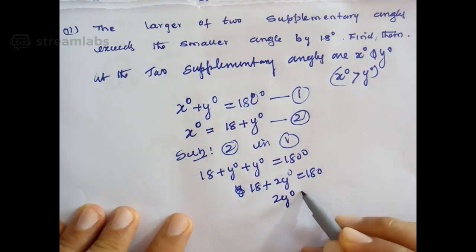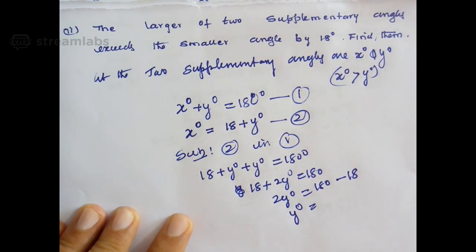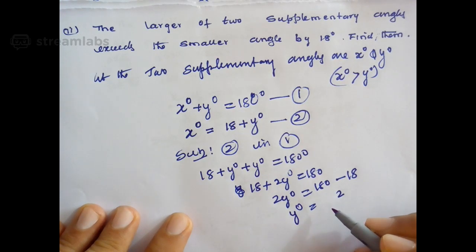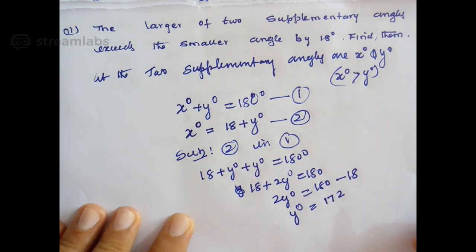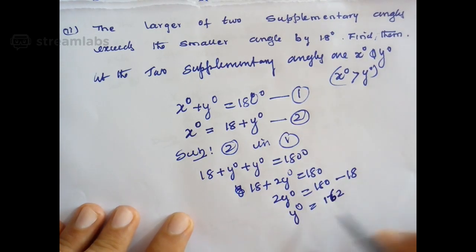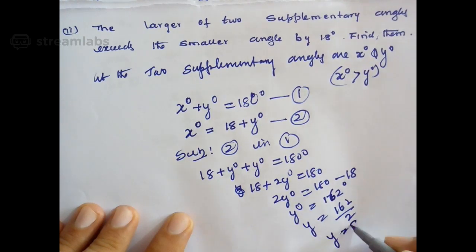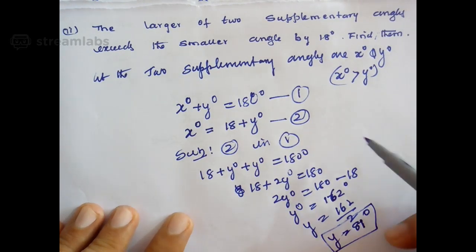So 2y degree is 180 degree minus 18. 180 minus 18 is how much? 172, isn't it? 162, sorry, 162 degree. So y is equal to 162 by 2. So y is 81 degree.